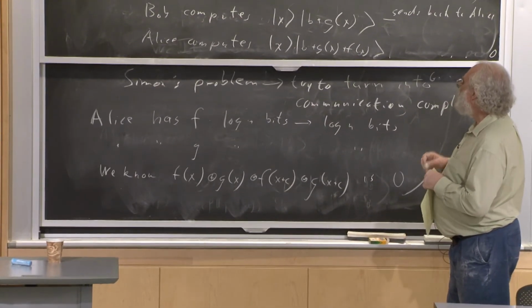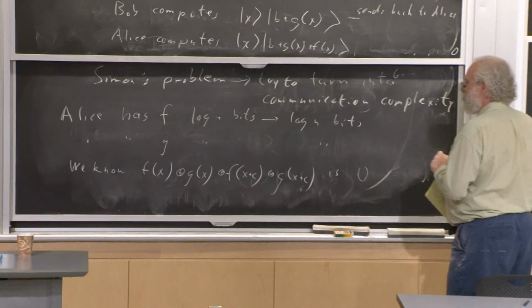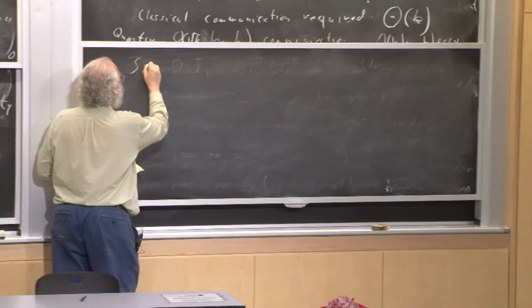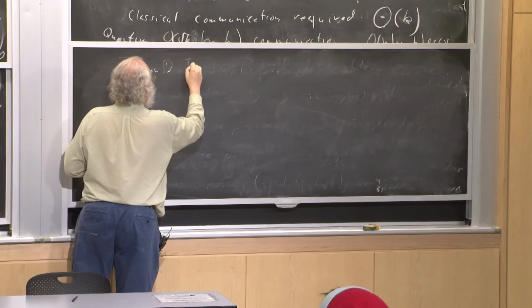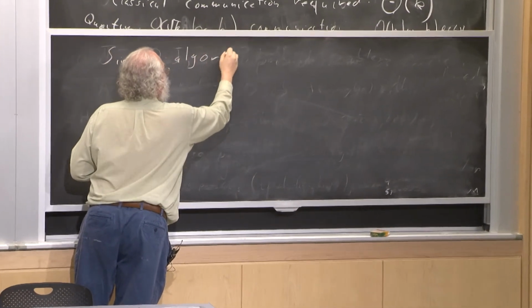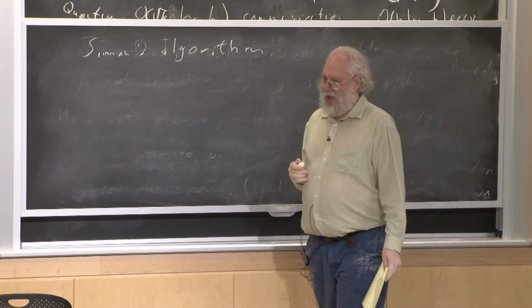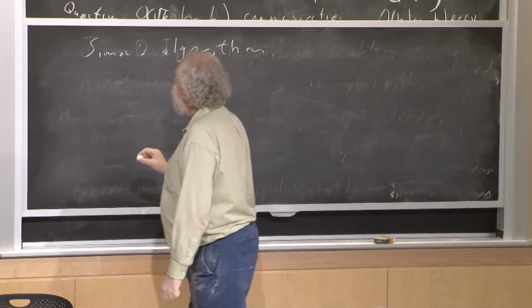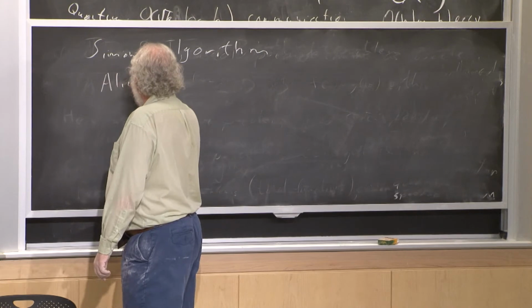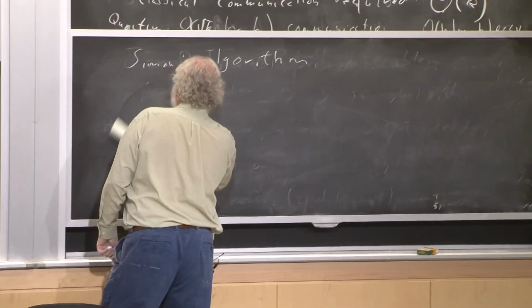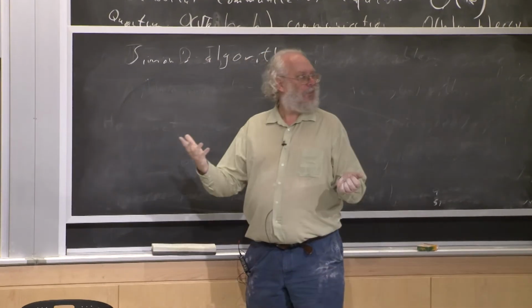So Simon's algorithm, Alice and Bob, well, Alice, I mean, really, there's only one person running Simon's algorithm.